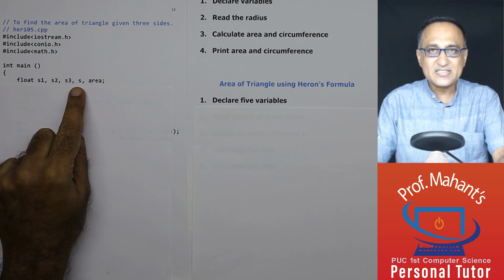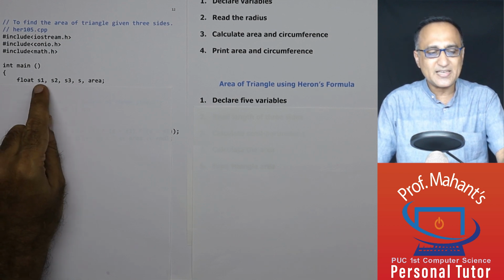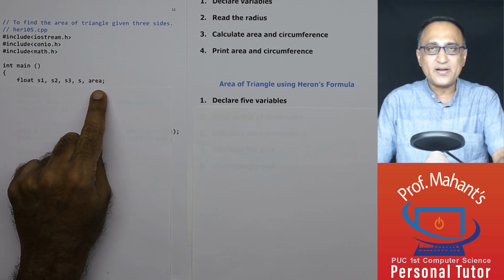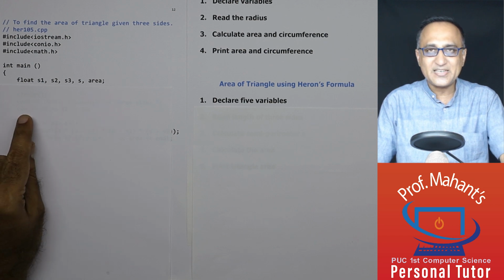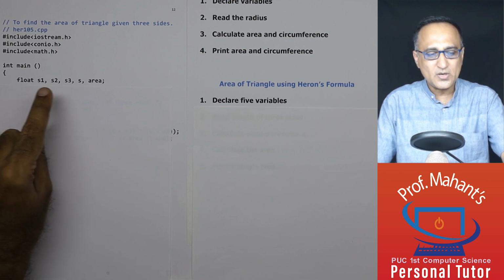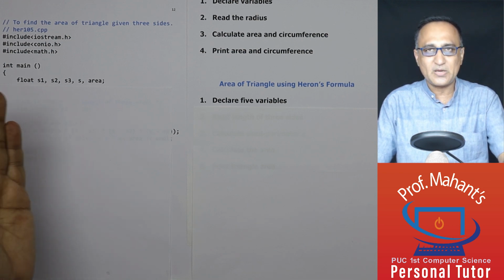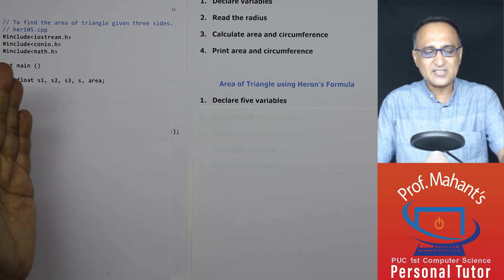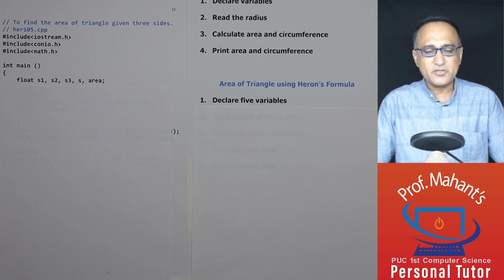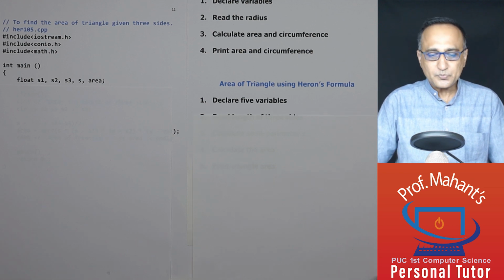S represents the semi-perimeter, which is calculated as S1 plus S2 plus S3, adding all three, divided by 2. And area is calculated as the square root of S into S minus A, S minus B, S minus C, or S minus S1, S minus S2, S minus S3. In place of A, B, C, we have used the name of the side as S1, S2 and S3. So we declare all these 5 variables which are required.